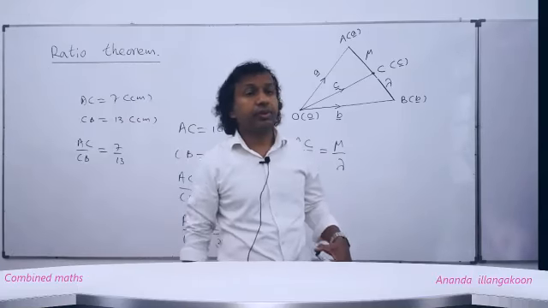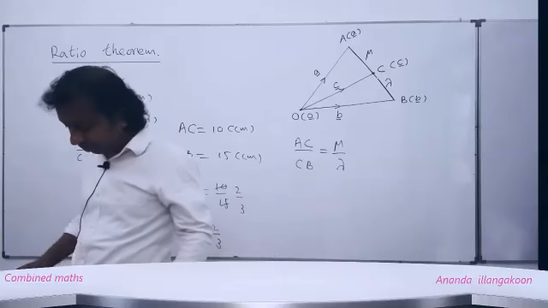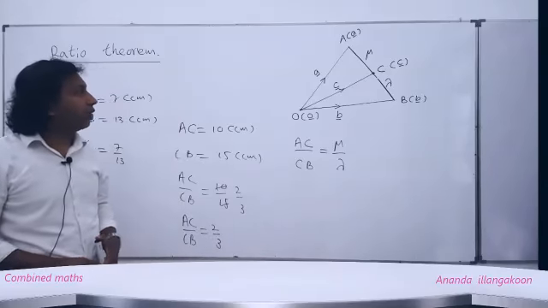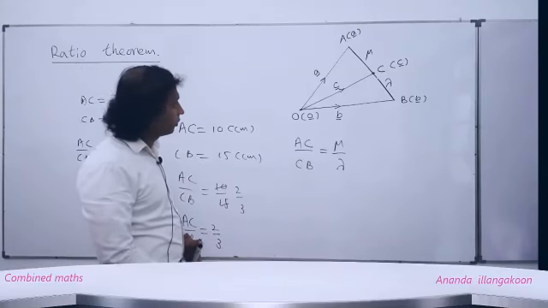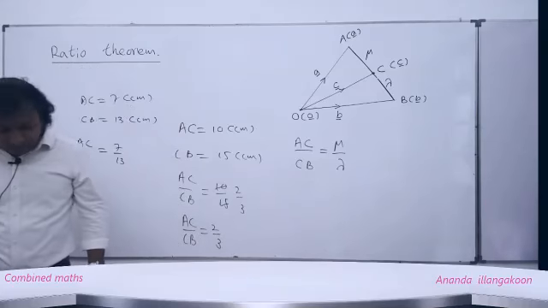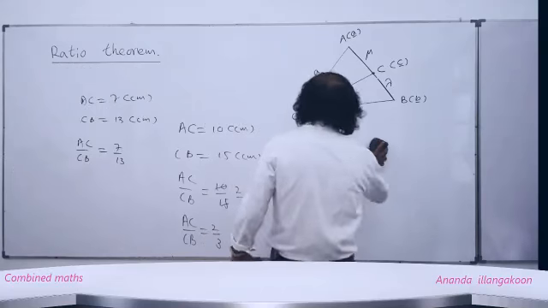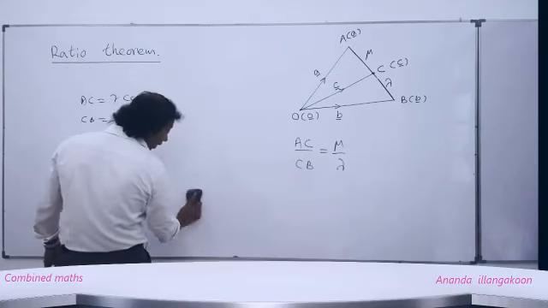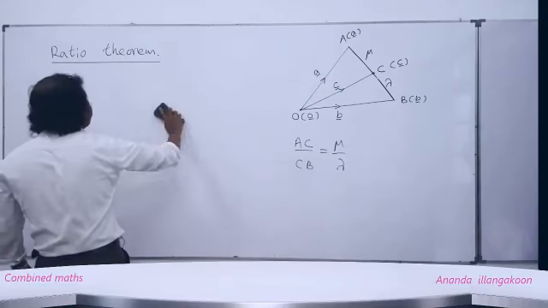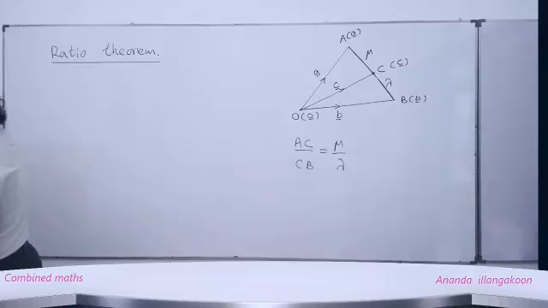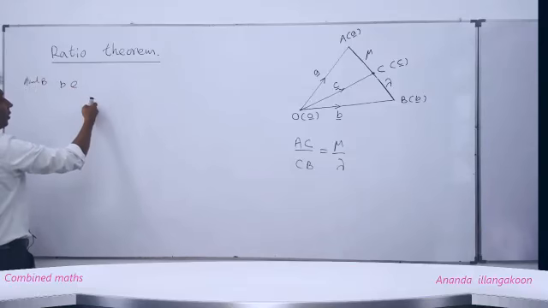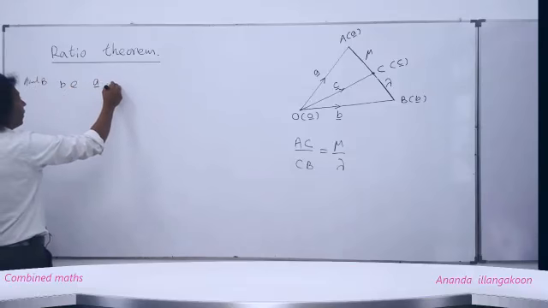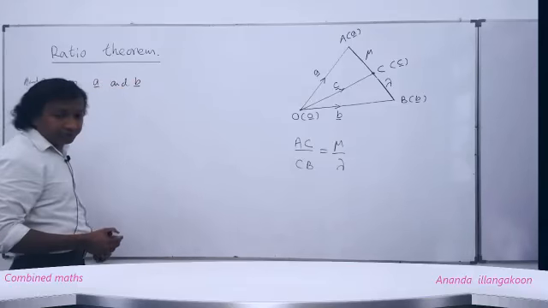Let the position vectors of the points capital A and capital B be simple A vector and simple B vector respectively.